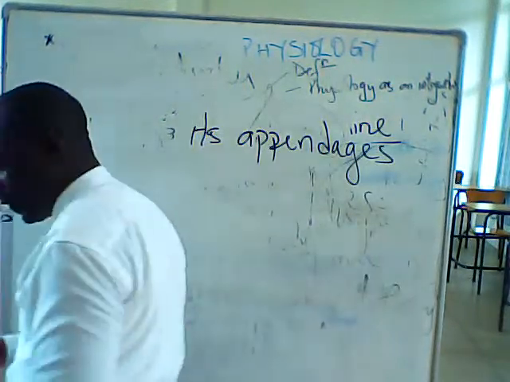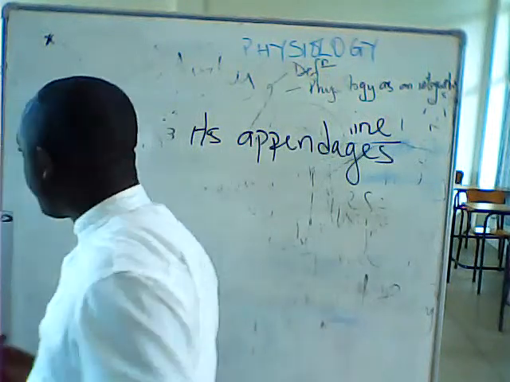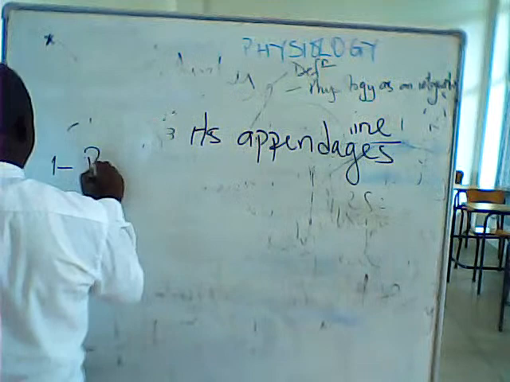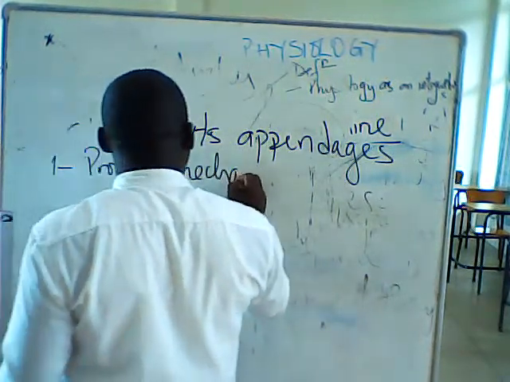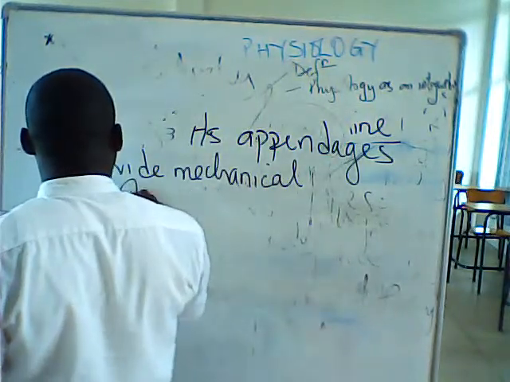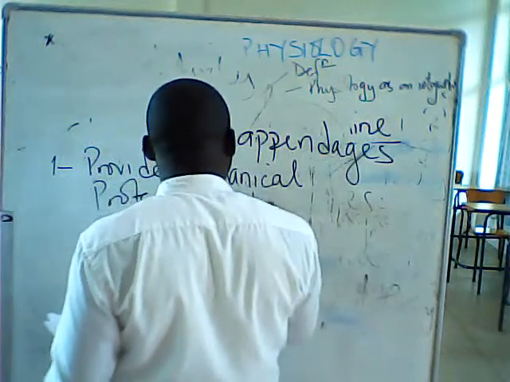So the first function of the skin is what? It provides mechanical protection to the underlying tissues.